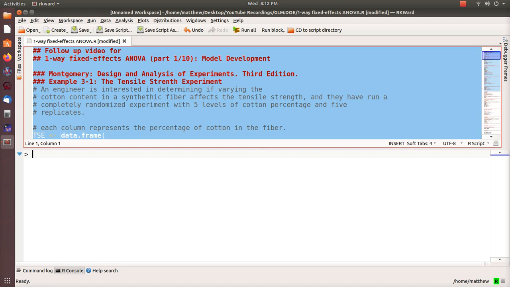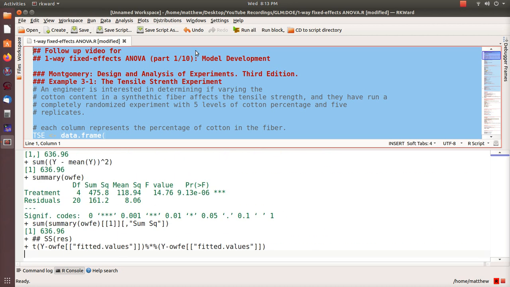So basically they have fabrics and they put different percentages of cotton in these fabrics, and then they try to tear them apart, and they look at the tension, or the force, that it takes to tear these fabrics. That's called tensile strength. So they look at fabrics with 15% cotton, 20% cotton, 25, 30, and 35% cotton.